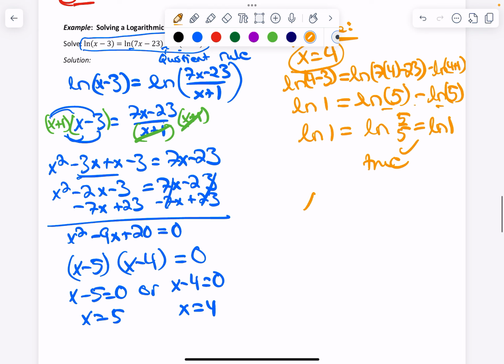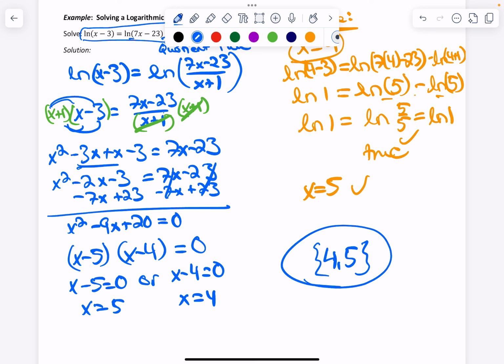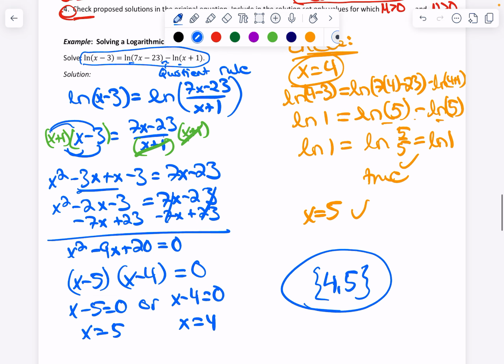Then we're going to do the same thing with the 5, and check exactly like we did here, and it is going to be true. So our solution set is going to be 4, 5. Both are answers to our equation.